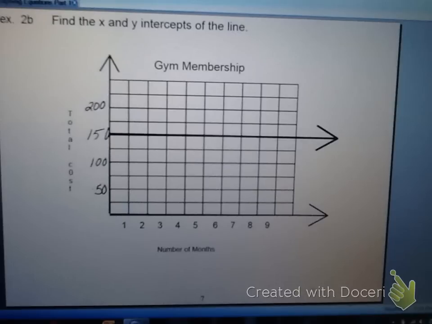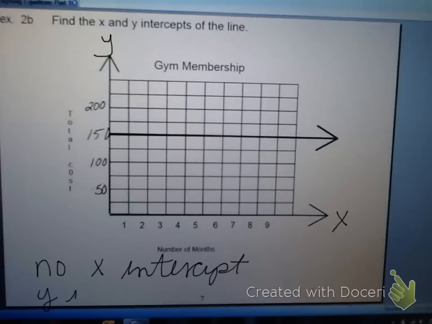The x-intercept on this graph, if you can see that here's the x-axis, this line does not cross the x-axis anywhere. So there is no x-intercept. And the y-intercept is the point right here, which is 0, 150. And you can abbreviate INT for intercept.